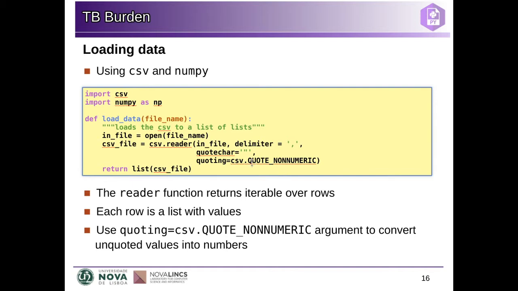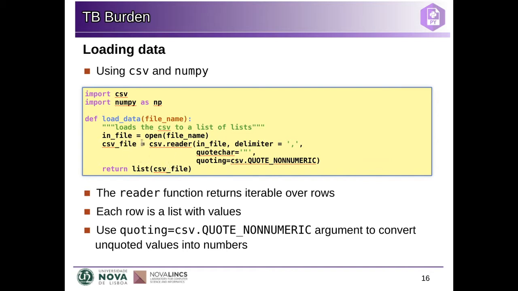So basically we want to consider that quoted values are not numeric, but the not quoted values are to be converted into numbers. So this way we have not only a function that parses the file, but also converts everything nicely.